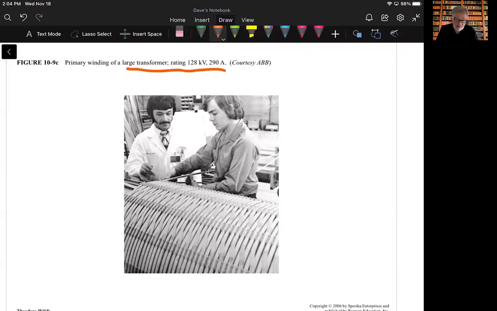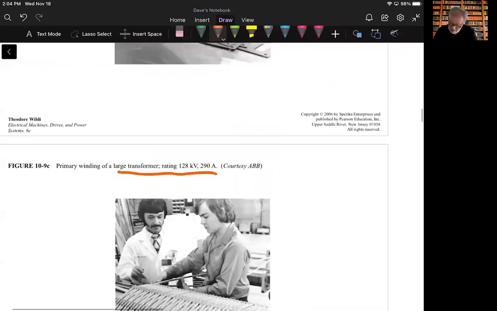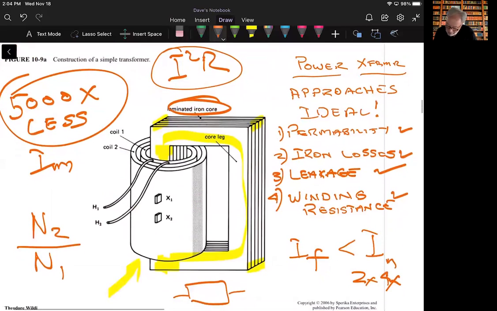In practice, the outer coil, coil 2, weighs more because the length per turn is greater, since the circumference is larger. Aluminum and copper conductors are primarily used.